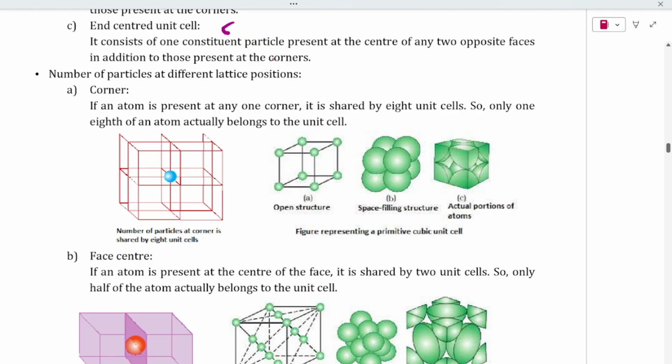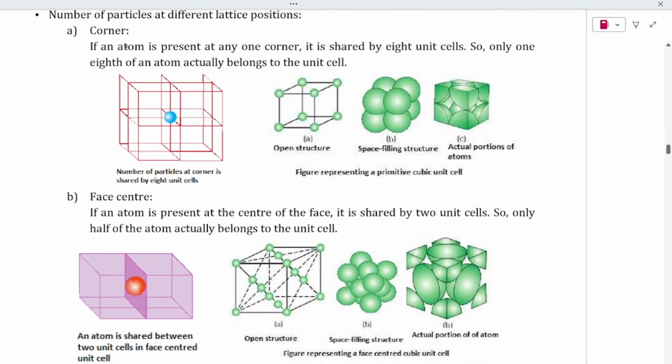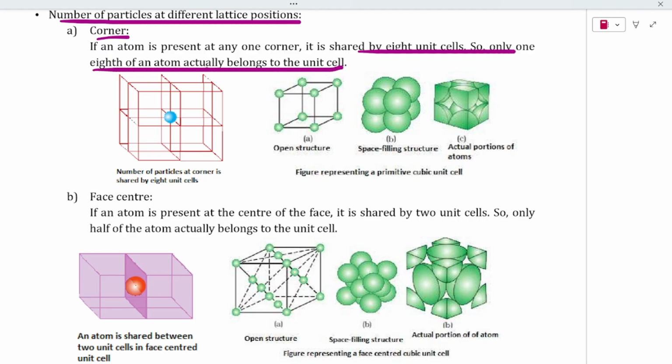And the same way, next, number of particles at different lattice positions. Corner is nothing but, see here, you can see this is one corner. If an atom is present at any one corner, it is shared by 8 unit cells. So only 1/8 of it belongs to 1 unit cell.